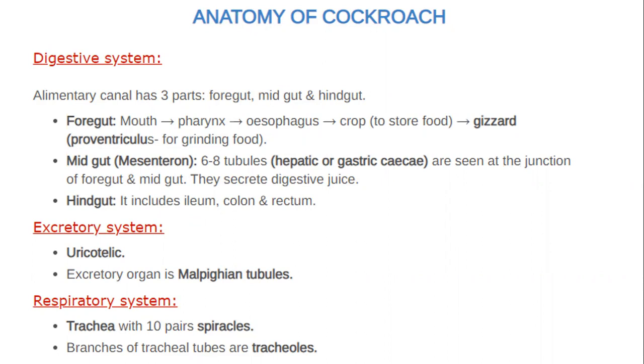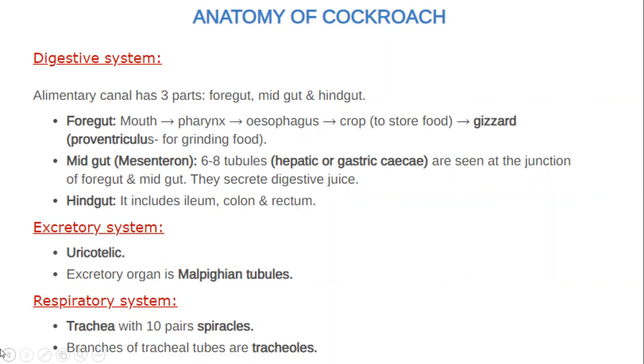Foregut and hindgut are ectodermal and are lined by cuticle, whereas midgut is entodermal and lacks cuticle.